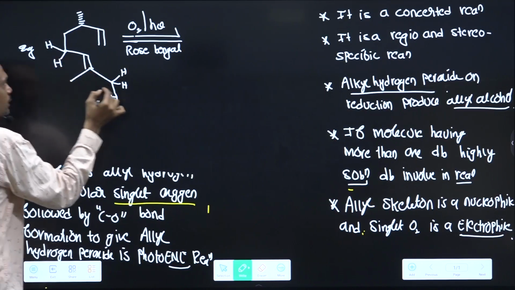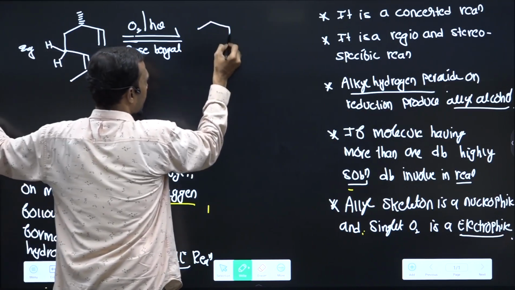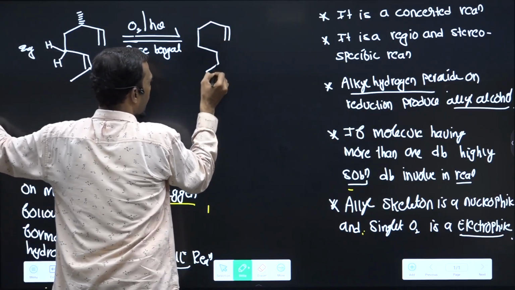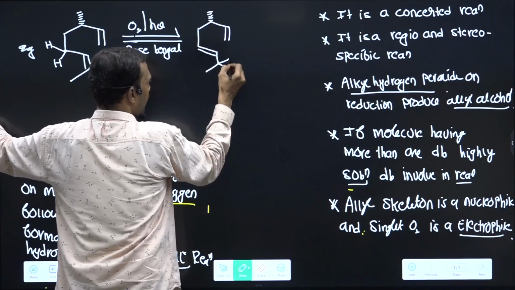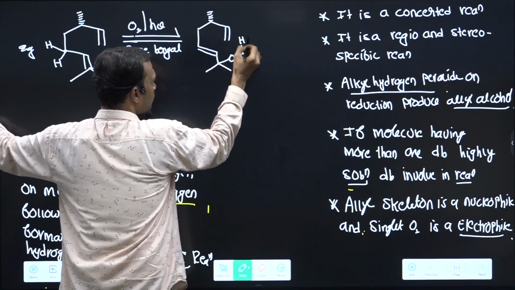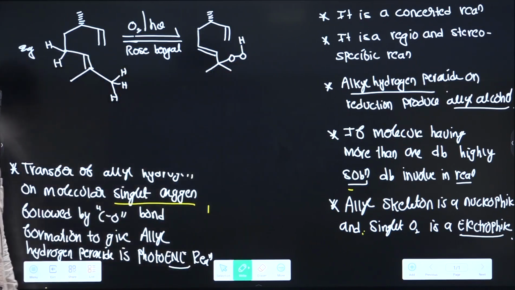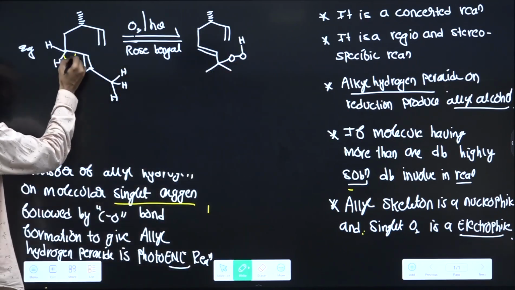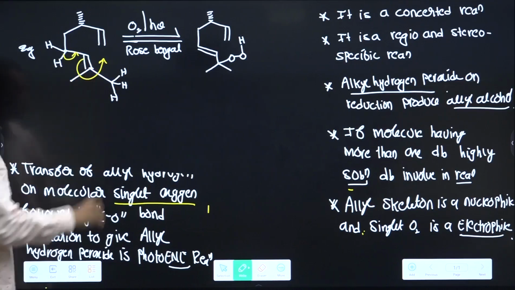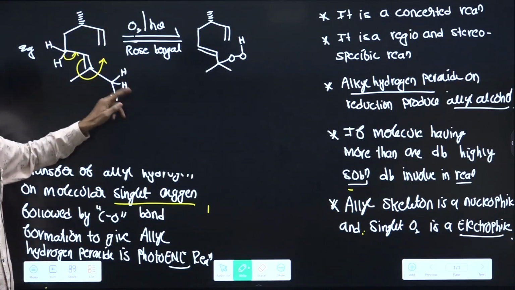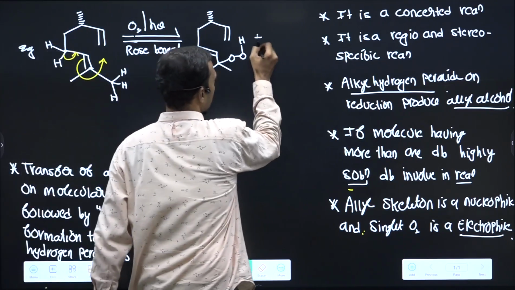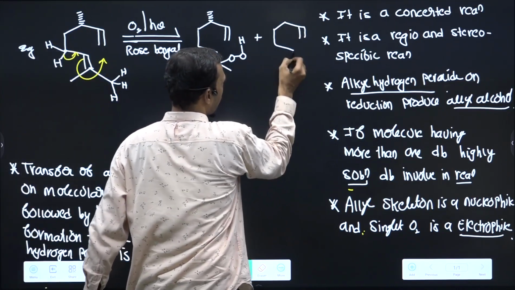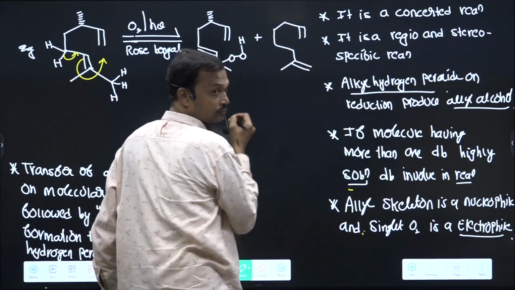Now suppose I select this one, here the double bond, then what is your answer? Can I write oxygen, hydrogen or not? Right? So remove this bond, this will attack the molecular oxygen, and that O minus will take a proton from this hydrogen. Suppose I take this one below, can I put the double bond here?